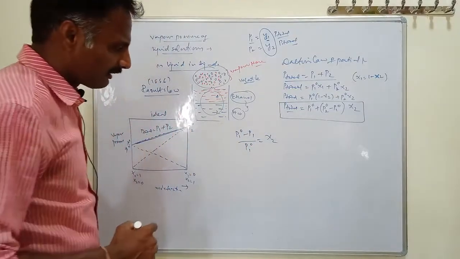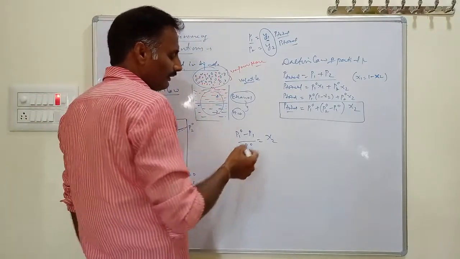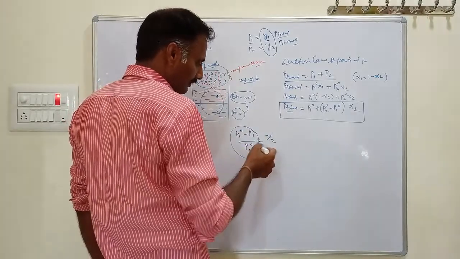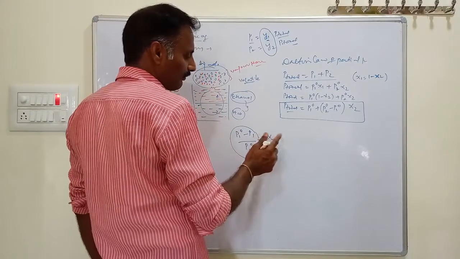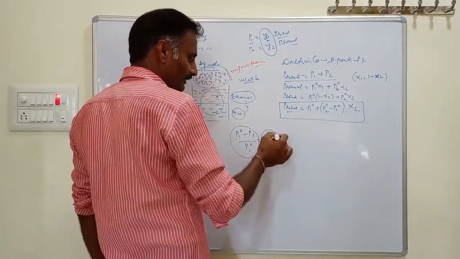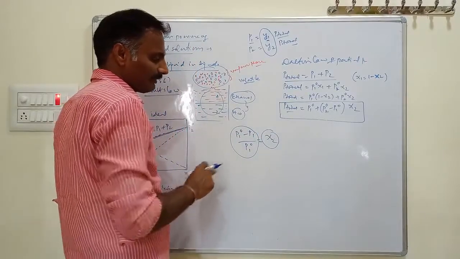That is, for any solution, the relative lowering of vapor pressure is directly proportional to the mole fraction of the solute. This is the generalization of Raoult's law.